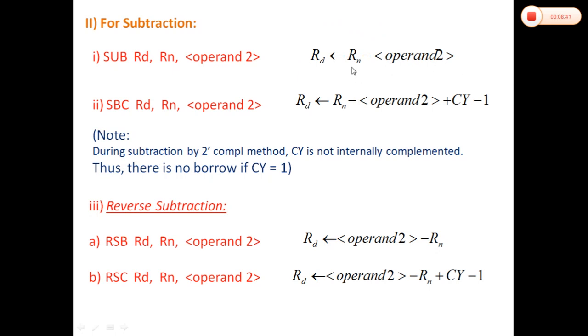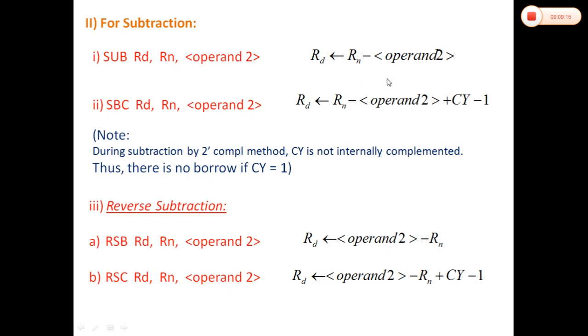But in this type of operation, one additional step is normally taken: when the 2's complement is added to Rn and the result is stored in Rd, whatever carry is generated is internally complemented. In many microprocessors like 8085, 8051, 8086, the carry generated during the addition of this 2's complement to Rn is internally complemented, because then it truly represents the borrow.